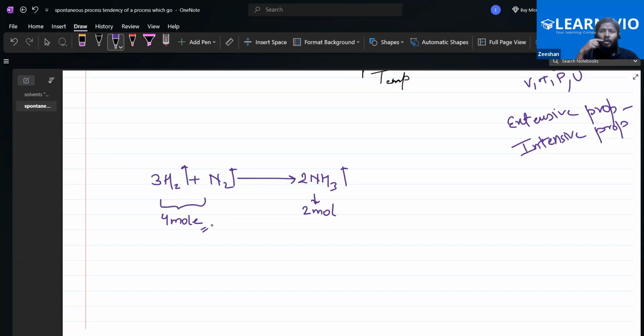You can understand we have in reactant position 4 children. They are naughty children, so they are very random, playing here and there. After some process, only 2 children left. We took out 2 children. So finally the randomness will become lesser, right? Good. So everybody understood?